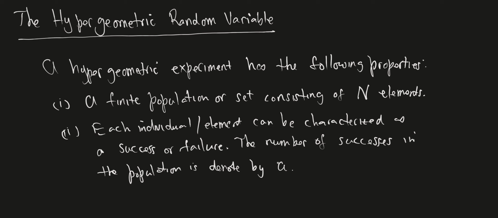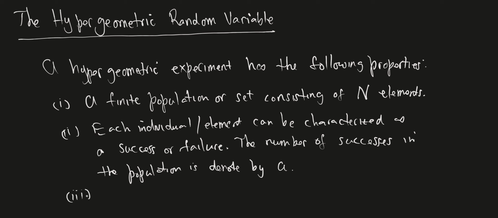And in your sample space, some of them are deemed success. Those are the ones that you would want to observe when you make this trial, which we're going to describe in a bit. And we're saying that there are A of those. So we're using A to represent the number of successes in your sample space or population.